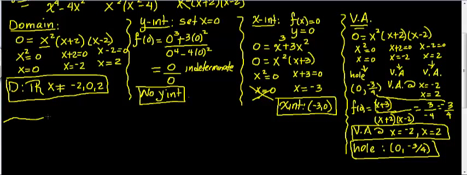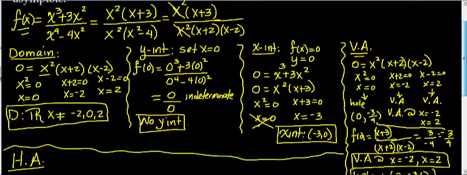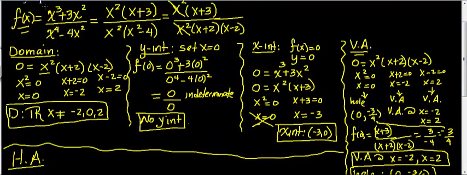Let's do horizontal asymptote, which is the last thing I'm going to look for. Now here's the rule for horizontal asymptote. I look at the leading terms in my original function, x cubed, x to the 4th power, and I compare the degrees.